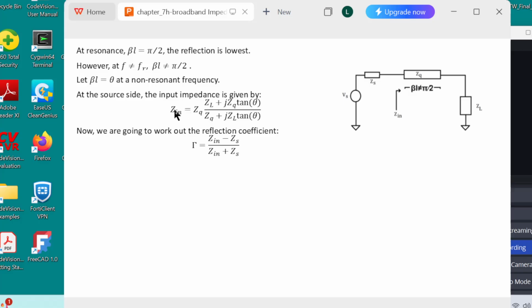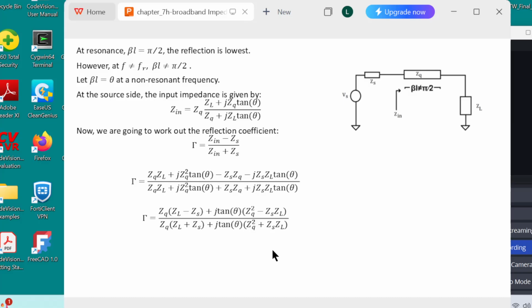So if we substitute Zin into this formula, let's take a look at what we are going to get. We do that, and then do a little bit of simplification by merging these two together, and then we take out the tangent term.